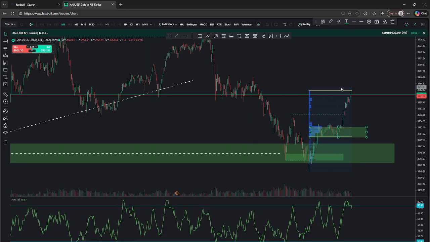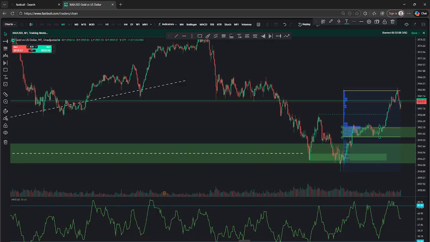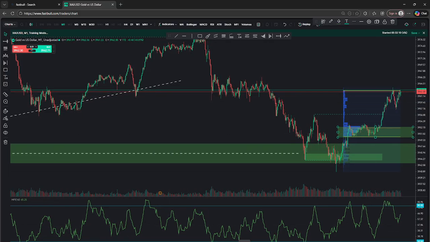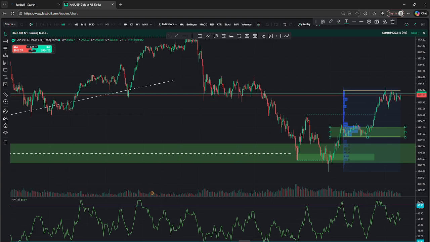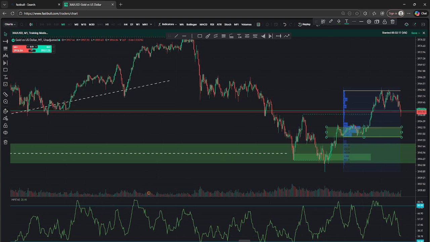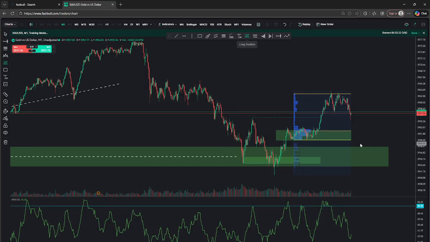If at all you don't make a new high, okay, we make a new high, but it won't work. So for this, we have this level.